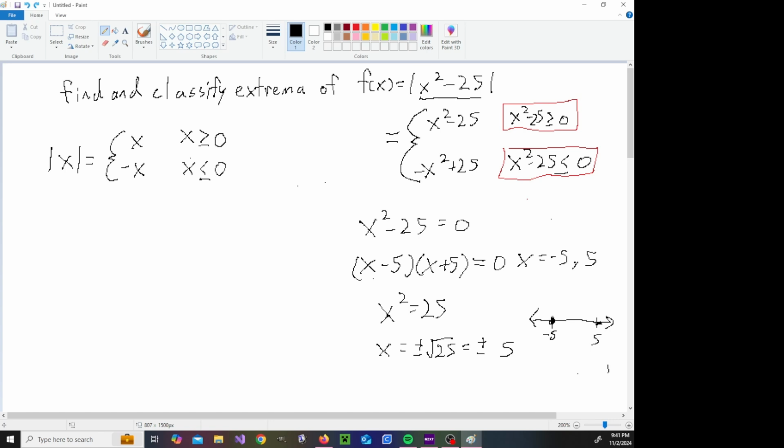If I know I'm a nice continuous function, and again, I'm investigating x squared minus 25, not the absolute value quite yet, a nice and smooth continuous function that hits 0 at two x values, then if I want to know where I'm negative and positive, I really just need to know if I am negative on any part of this function.